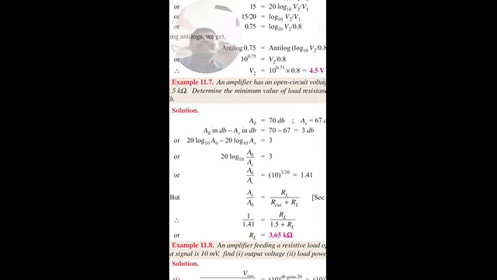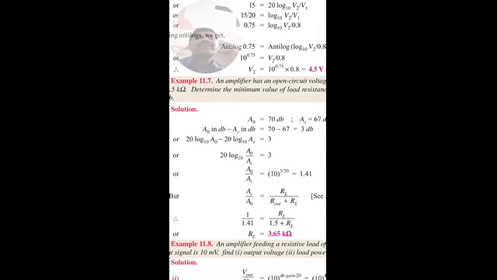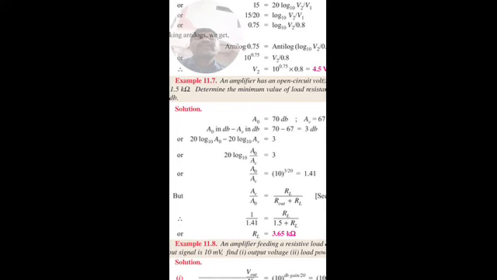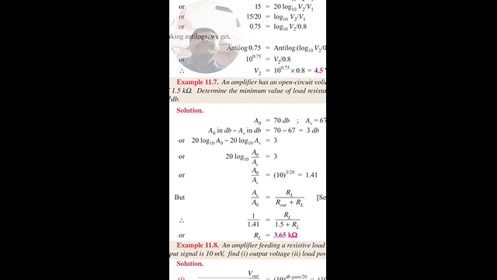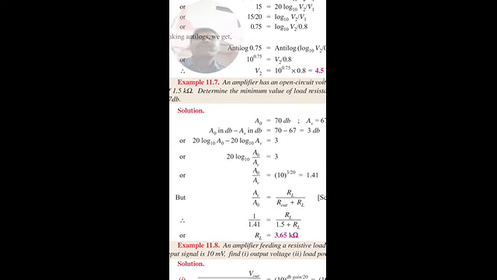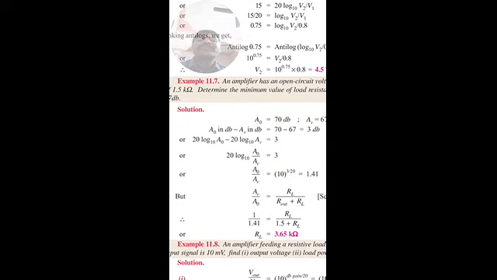The difference in gain, that is 70 minus 67, is 3 dB. 20 log of A0 minus 20 log of AV, that is 3 dB. 20 log of A0 by AV is equal to 3 dB.